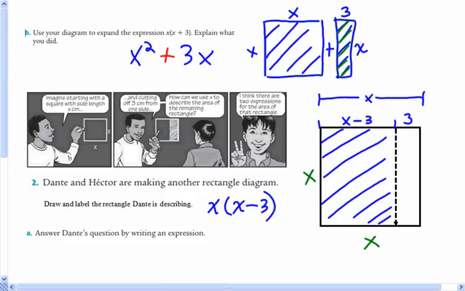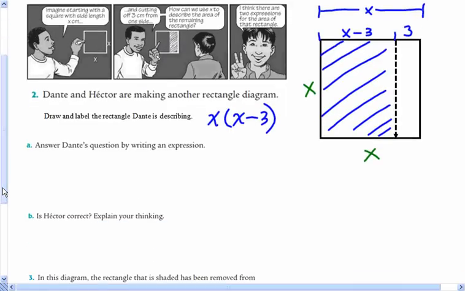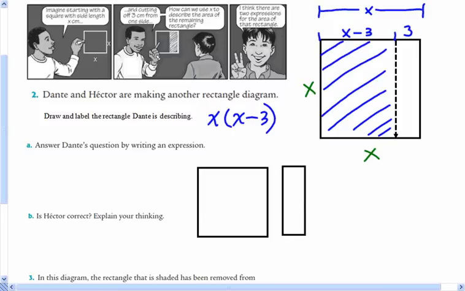Now Dante says, I think there's 2 expressions for that area, and there is. Think about what we started with, and I'll draw what Dante's saying there. We started with the square, and then we took a piece off of that square. So we have a square, and then we have a little piece that we subtracted off.